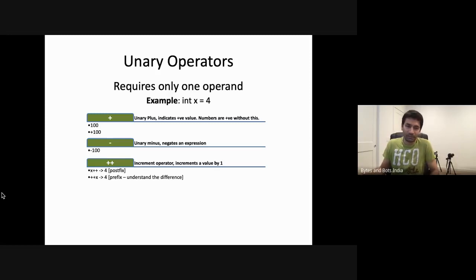It is also supported in Java. What it does is increment the value of that variable by 1, which means if you do x++, it will make it 5. So instead of writing x equal to x plus 1, we just do x++.